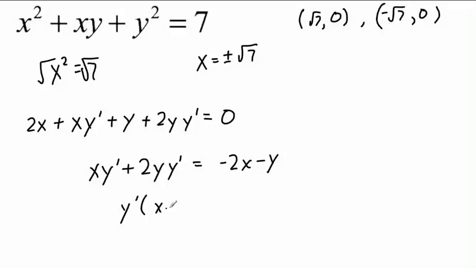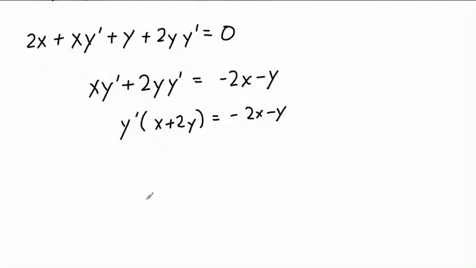We get y prime times x plus 2y equals negative 2x minus y. And then I'm going to divide both sides by x plus 2y. So we get y prime equals negative 2x minus y over x plus 2y. Now, since we're going to be plugging stuff in, I'm not going to worry about making this look pretty.